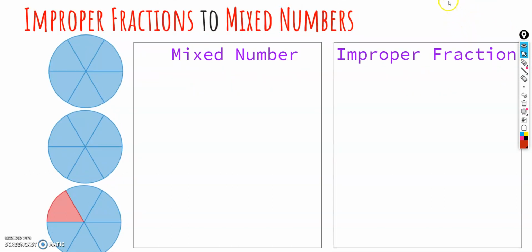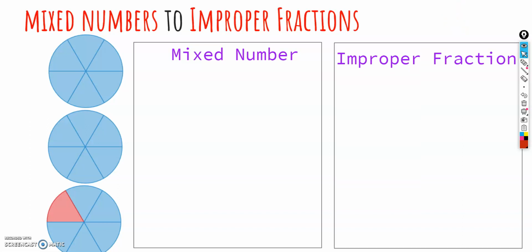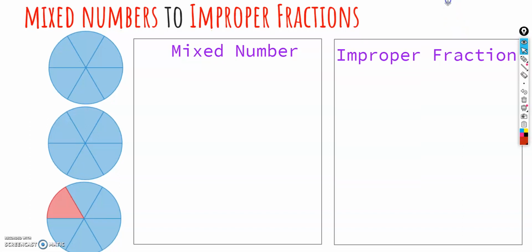I think I went too far. There we go. So now we're going to do mixed numbers to improper fractions. How are we actually doing that? So it's the same exact example, but I'm going to show you how to do it and why we're doing it that way. So you have the mixed number.